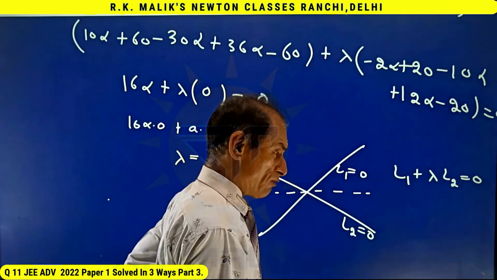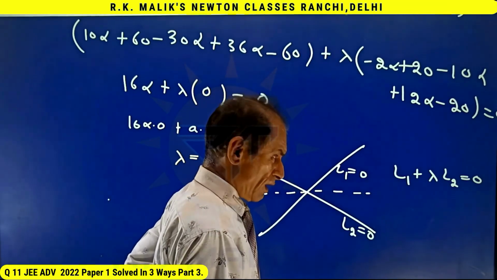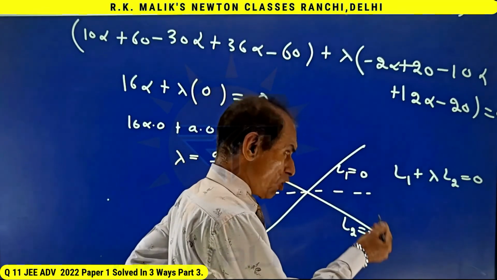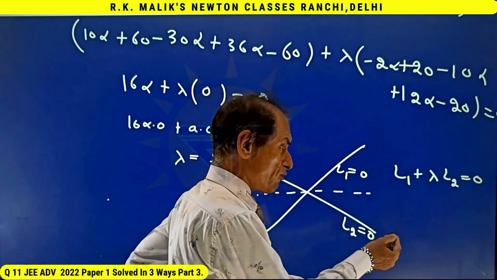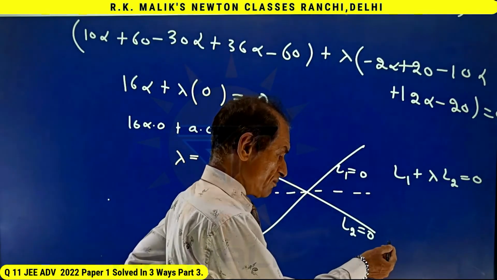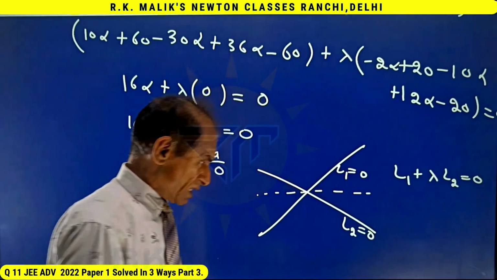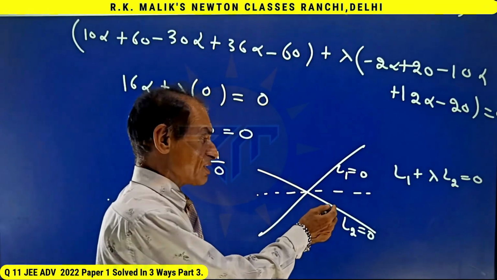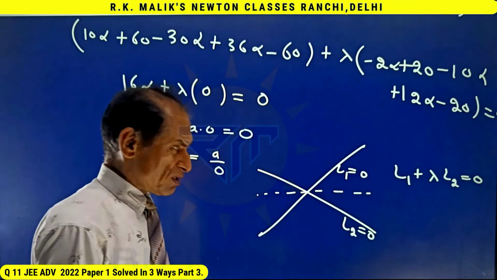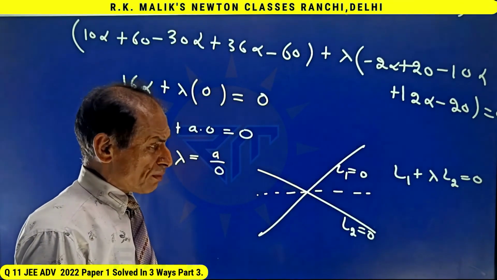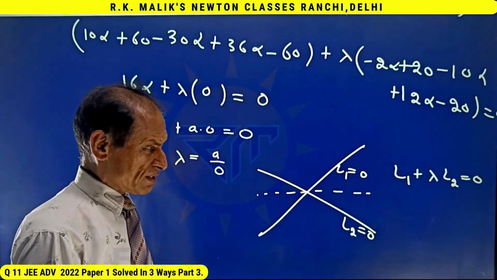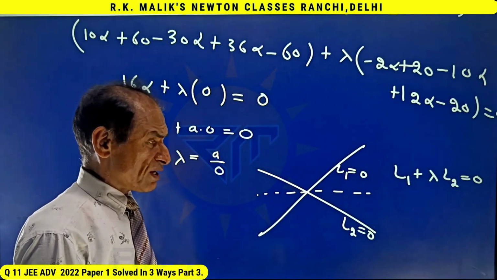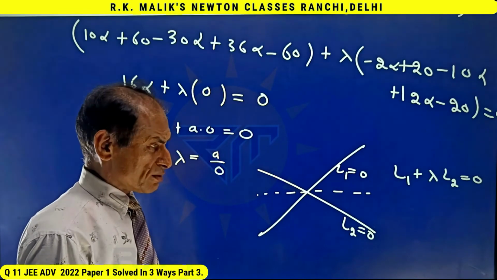In this case we will have to allow constant upon 0, because if we don't allow lambda to be in the form of upon 0 form, then we'll never get the line L2 even if L2 is satisfying the given condition. Actually, some of you may be thinking that what I am tweaking, this thing will become clear if you see my video lecture of coordinate geometry.